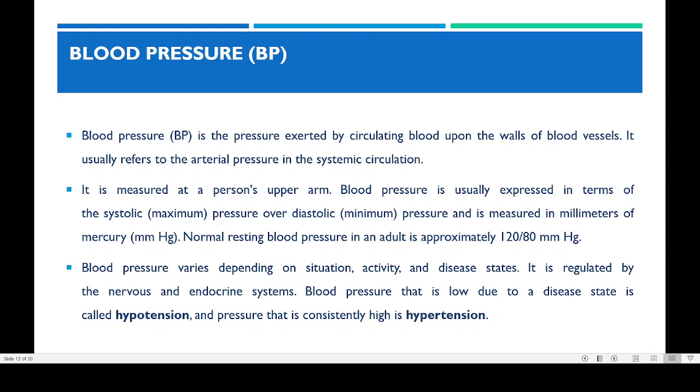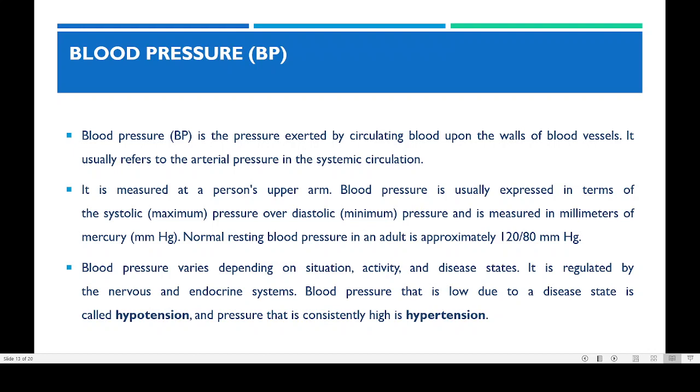Another point about the pressure is that it has two situations. If the pressure is lower than the normal range, we call it hypotension. If the pressure is higher than the normal range, we call it hypertension. Hyper means more, hypo means low.